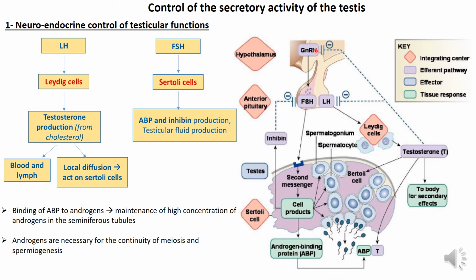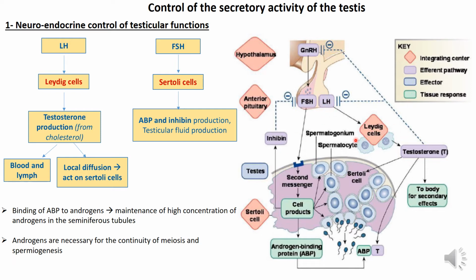As we are going to see here, the hypothalamus produces GnRH, and under the action of GnRH, the adenohypophysis will produce FSH and LH. Those FSH and LH will migrate in the blood circulation to reach the gonads.